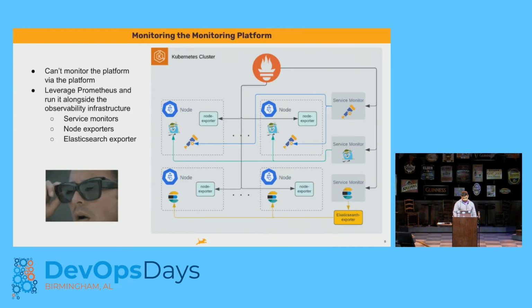All right. How do we monitor the monitoring platform? The first thing we realized immediately was we can't monitor it through itself, because if it goes down, then we don't have monitoring of it.